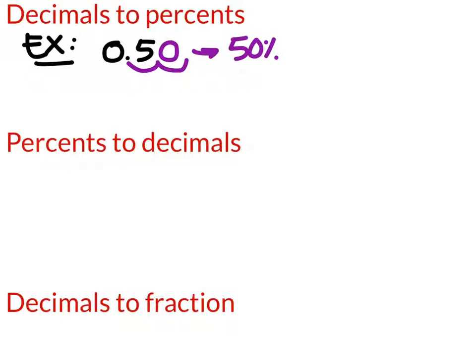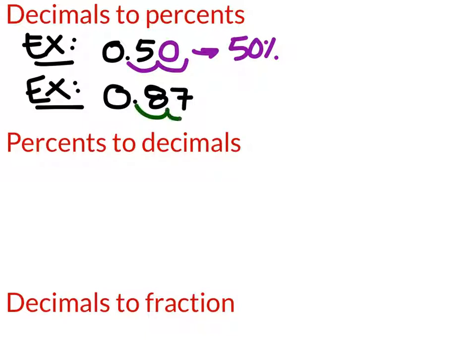So what do we do with another example? Let's say we had 2 decimal places, such as 0.87. Well, same idea on these. We're going to move the decimal 2 times to the right, giving us 87%.